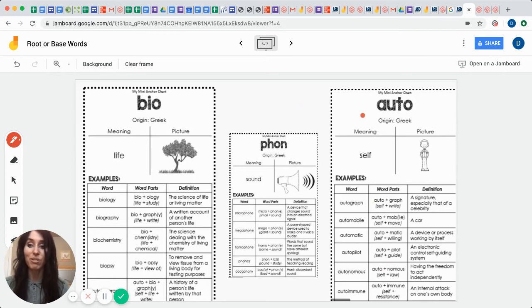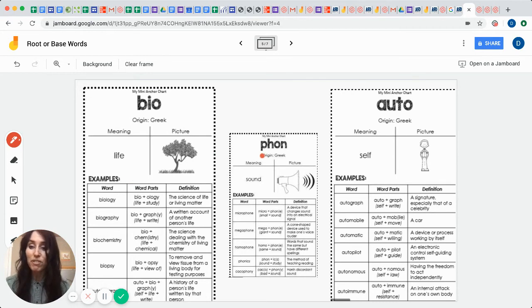It has two Greek words, and it actually has graphy too, which is another root word that means write. So autobiography would mean self, life, write. So we write a book about our life, or the life of ourself.